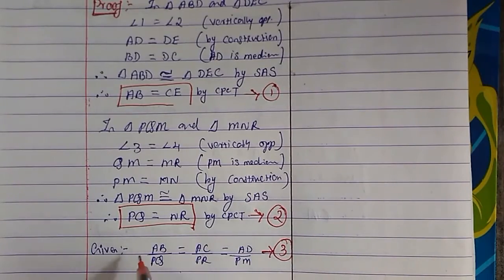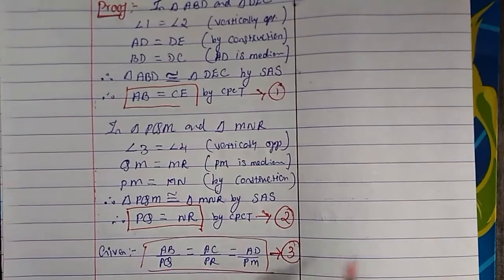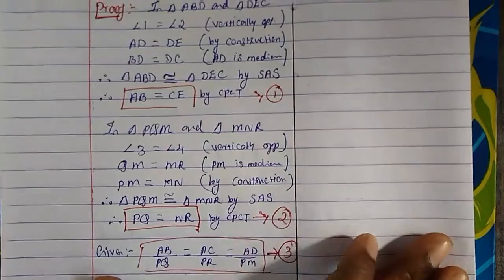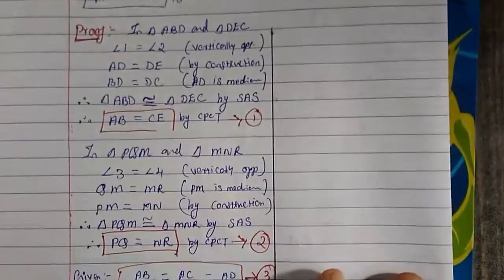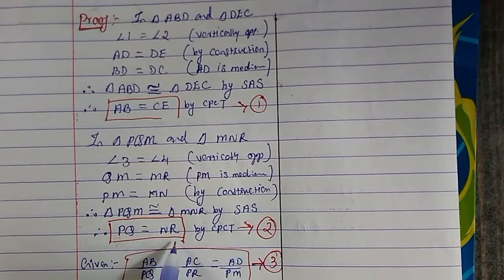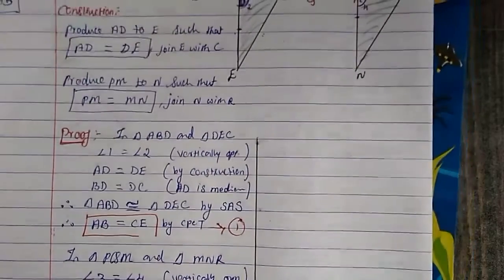So now from all these three equations, let us write down AB upon PQ. Instead of AB, we'll write CE, and instead of PQ, we'll write NR.